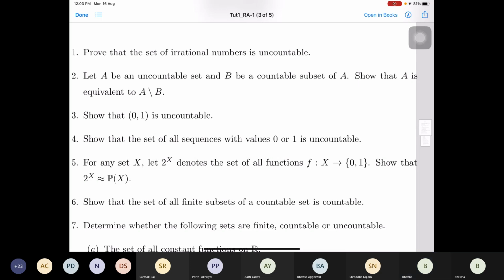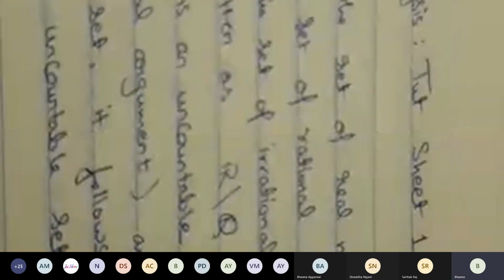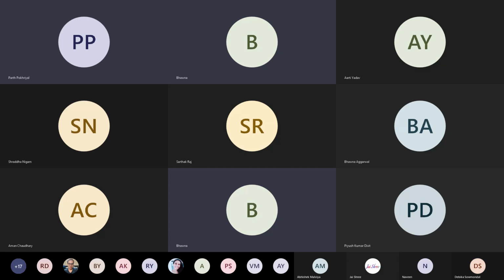Okay. So hello Parth. Yes, ma'am. This is the proof that I wrote. It's not very clear to me. The visibility is low. I think Shraddha also projected.